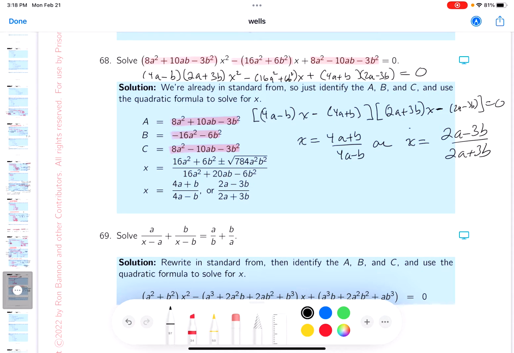Am I looking at those answers? Let's take a look. 4A plus B, 4A minus B. 2A minus 3B, 2A plus 3B. We're looking at it, all right? Again, did I check that? No. Do you want to check it? Be my guest. You see any troubles with it? Let me know. Thank you.